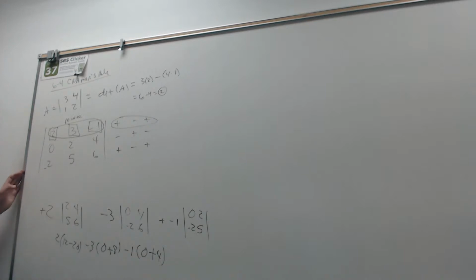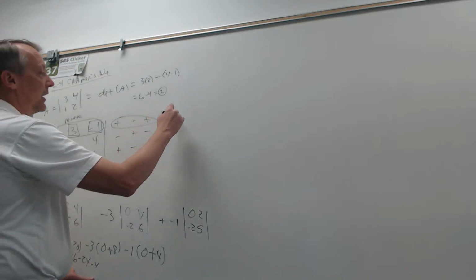Yes. Okay? So 12 minus 20 is -8 times 2, -16. -3 times 8, -24. Negative times 4, -4. So -16 minus 24 is -40 minus 4 is -44.